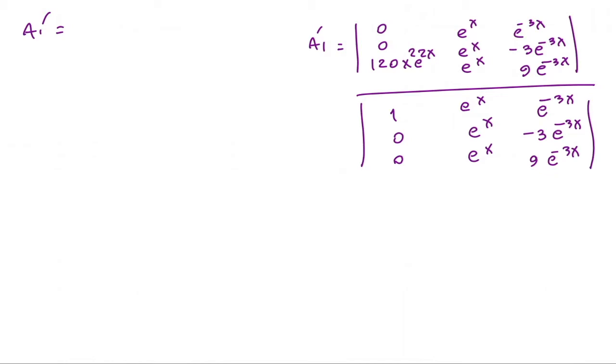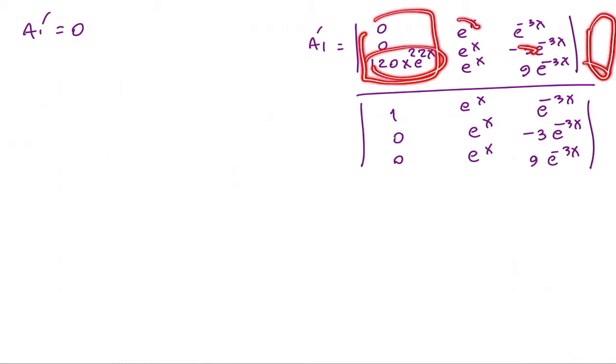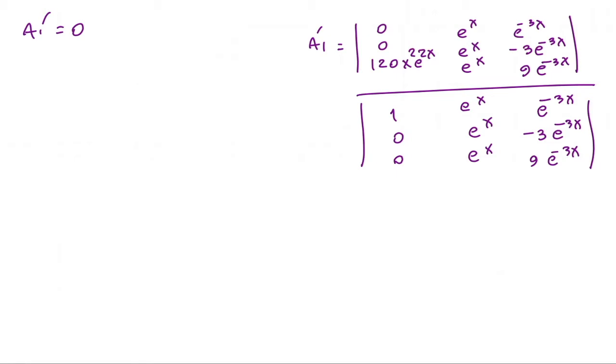Here, this one is 0. This one needs to meet this one, right? Because basically you need to put this column here. So when you get this you get this, which is this term. So you get minus e to the x, 3 e to the minus 3x and then 120 x squared e to the 2x.